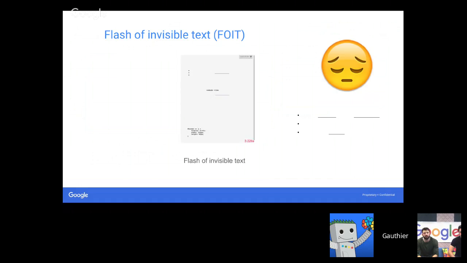Depending on which network the user is on and the situation of the user, we might actually have that experience for a couple of seconds. So the user sees lines on the screen, a couple of bullet points, while we actually want to transfer a message to them and give them content.